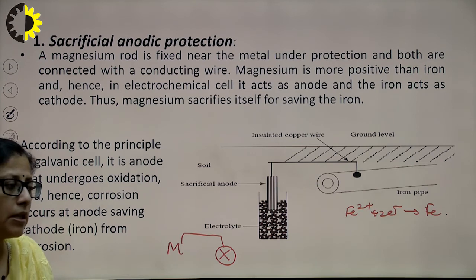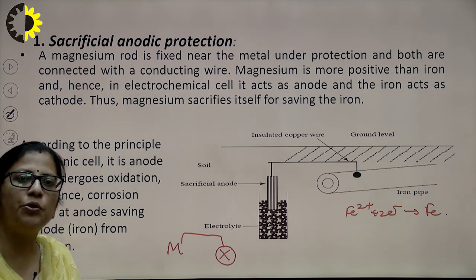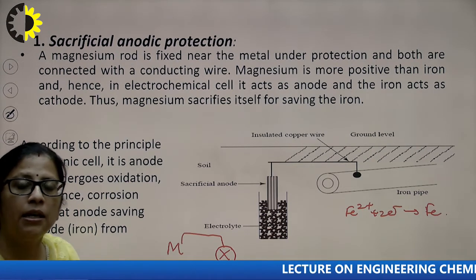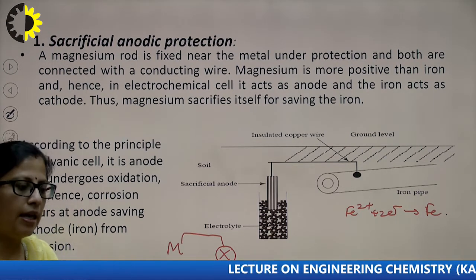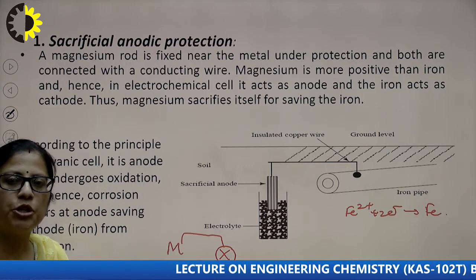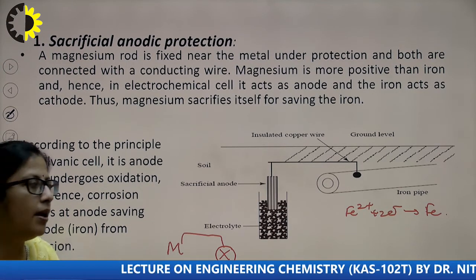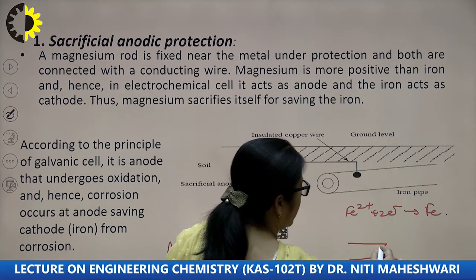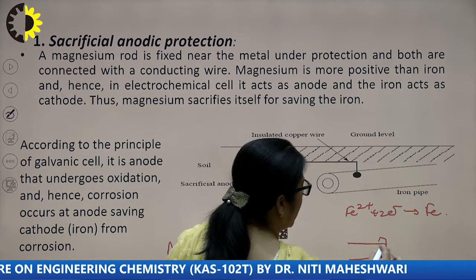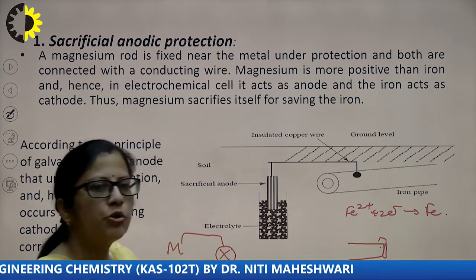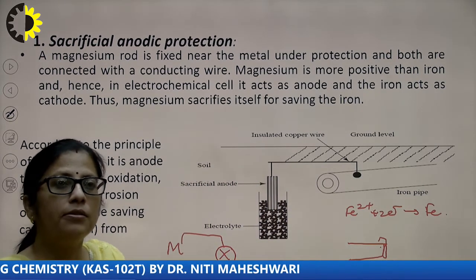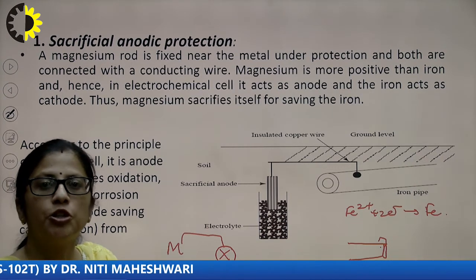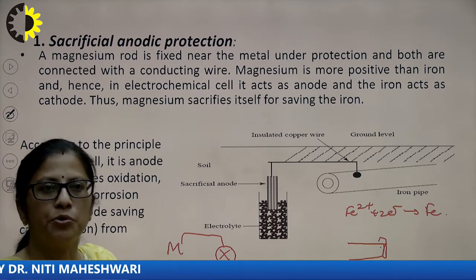Similarly, it is also the method which is used in the ships that go out in the sea, and there are large zinc plates which are hung around the ship hull, the front portion of the ship. So, here large plates of zinc are hung through wire, so that all the corrosion gets concentrated on the zinc plates and our ship is protected from corrosion.